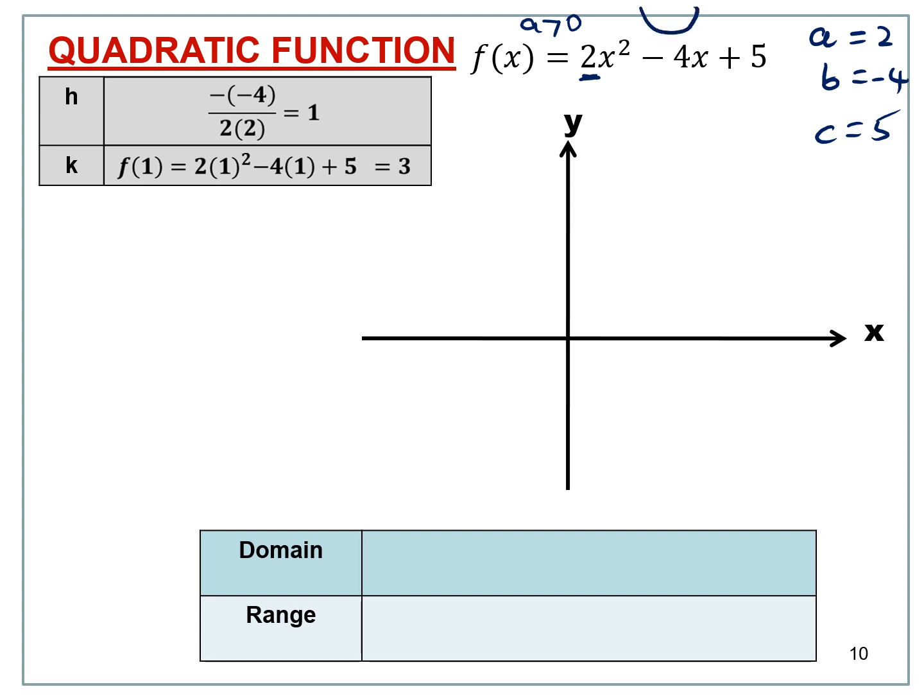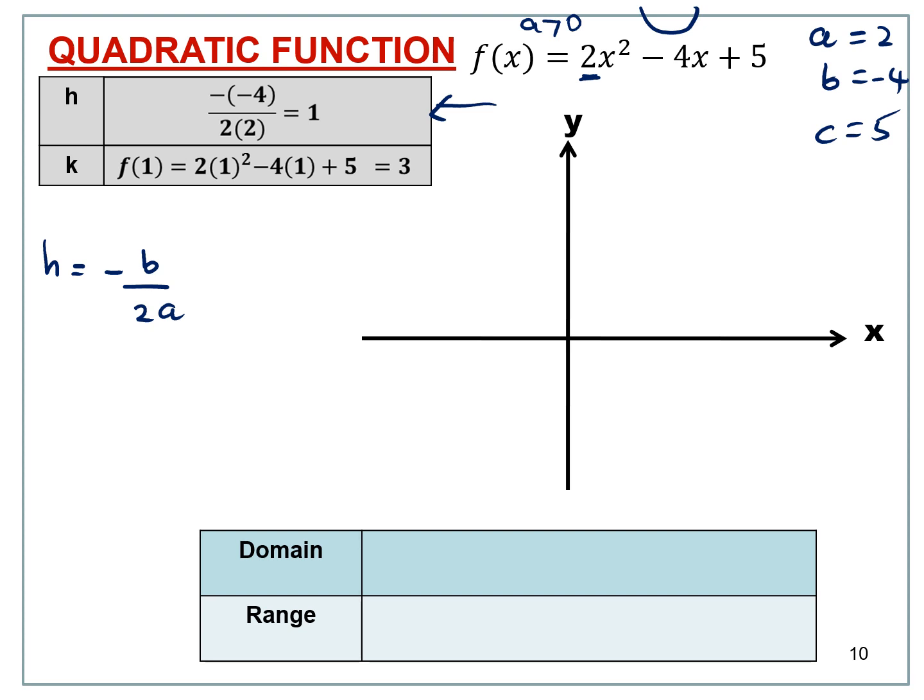Okay, so we have to find h. h is -b over 2a, so just substitute into the formula. Negative b, our b is -4, so -4 over 2a, a is 2. So you get 1.